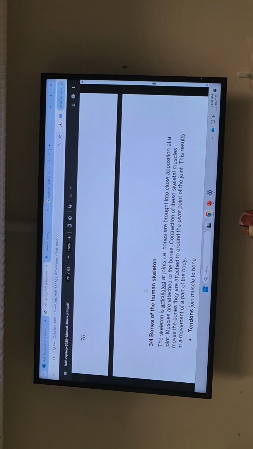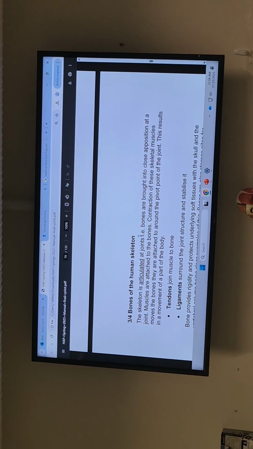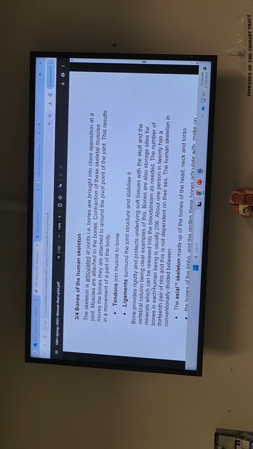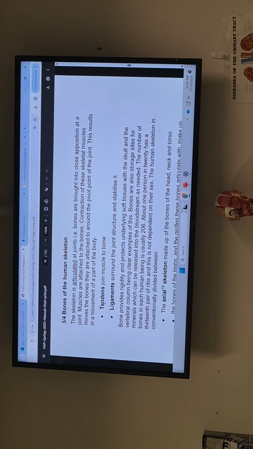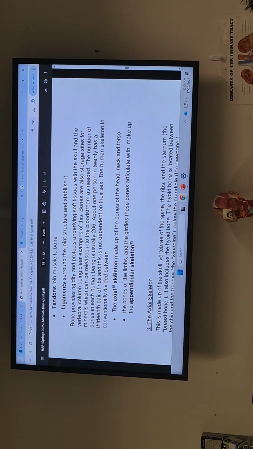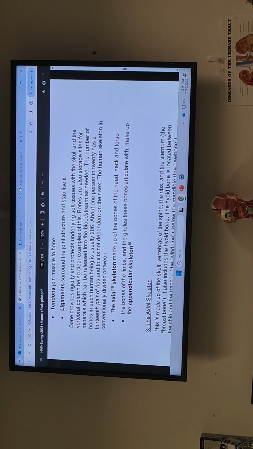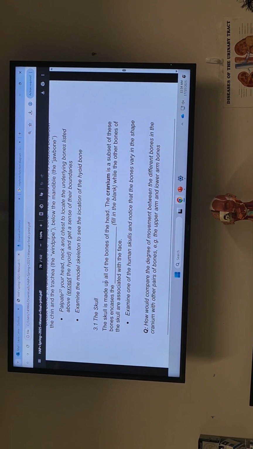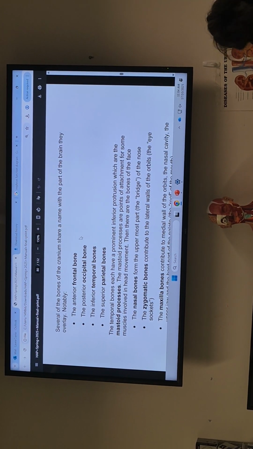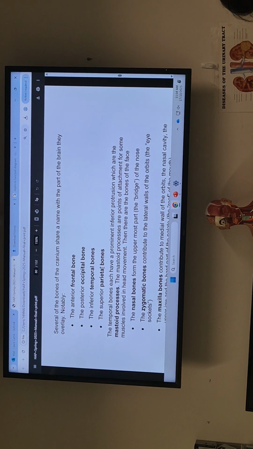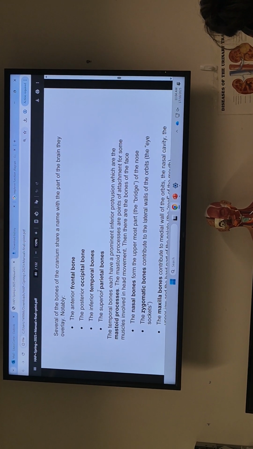And then another one, bones of the human skeleton. They'll probably not ask you what is a tendon or what is a ligament. But the more important one I reckon you should focus on is this bit here. This one I've never seen in an exam either, but it's the different parts of the cranium.